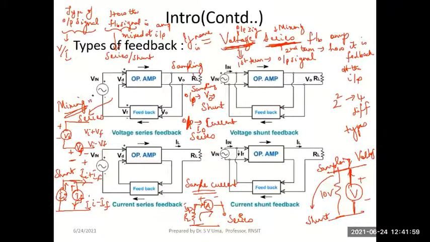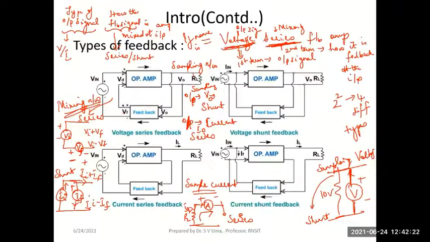That is achieved using a mixing network. This is the sampling network. This is the mixing network. The input side connection is a mixing network. And here you remember, mixing means adding. Sampling means measuring or extracting. Mixing means adding or subtracting.